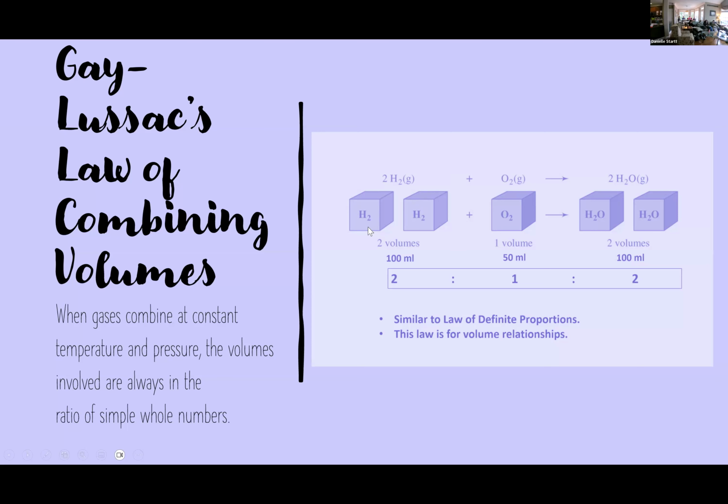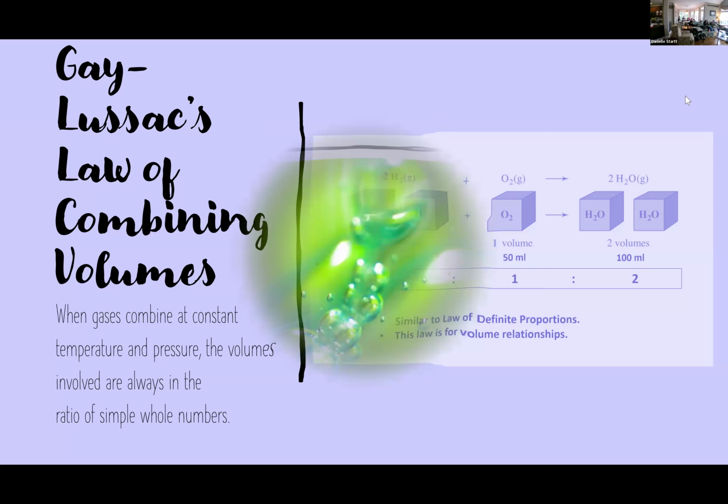So if you have 2 volumes of hydrogen and you add 1 volume of oxygen, you're going to end up with 2 volumes of product, because this is how they go together, 2 and 1. If you combine them, you just add them together, and it's simple ratios. It's nothing crazy, nothing weird with proportionality.